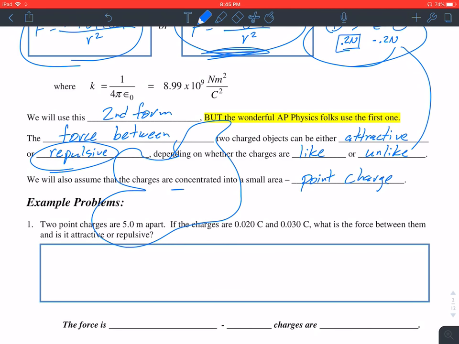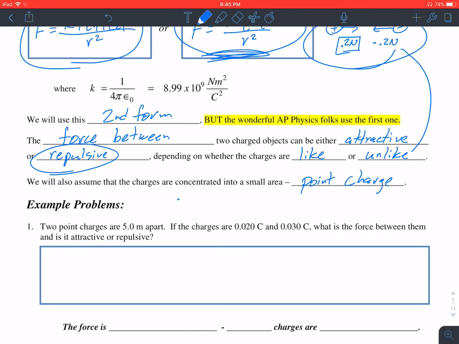You're going to say, okay, this whole entire object is negative. Instead of thinking about this whole big crazy object that has this negative charge, you're just going to think there's this tiny little point in space that has a negative charge, right? You're thinking of it as a point that has a charge.